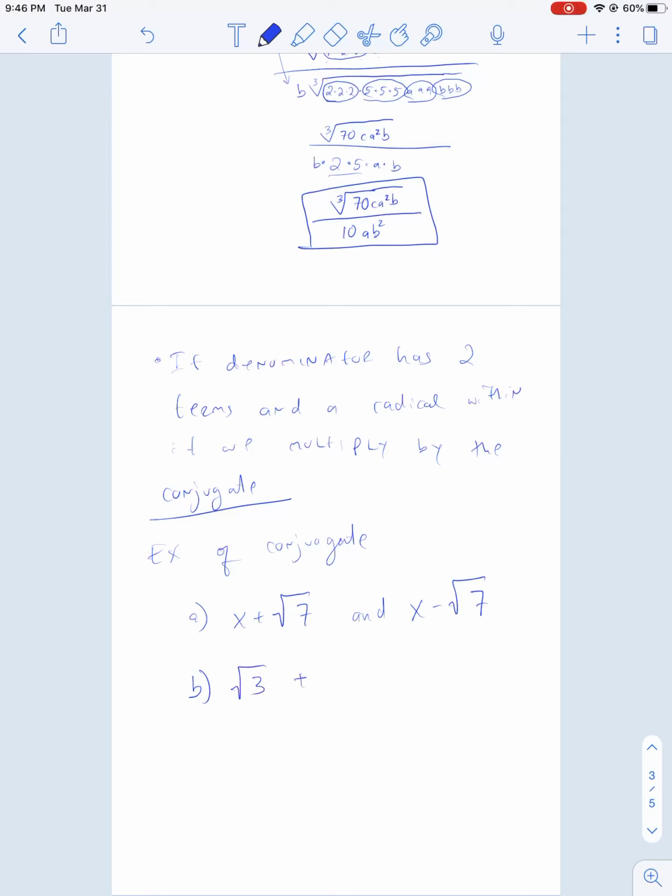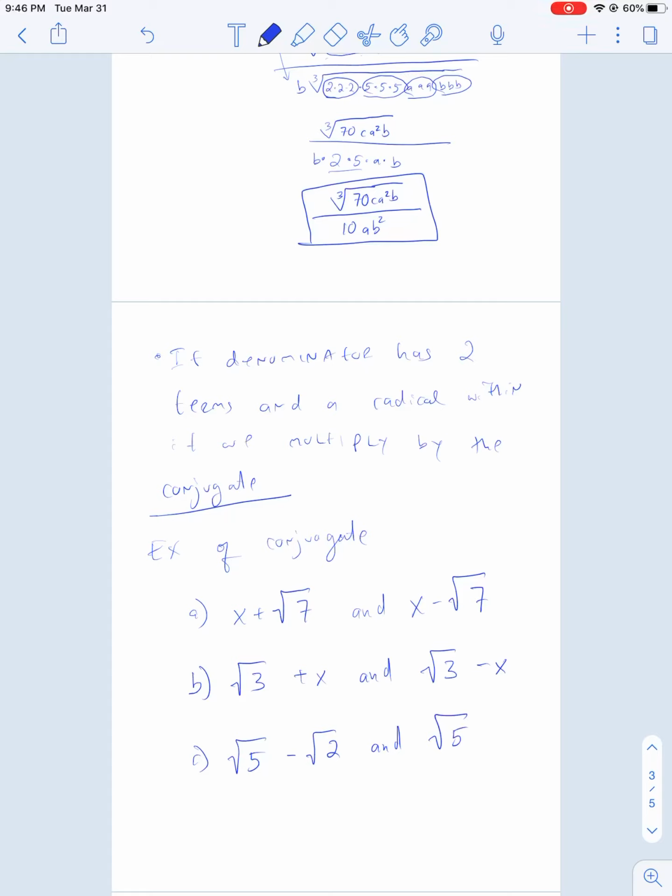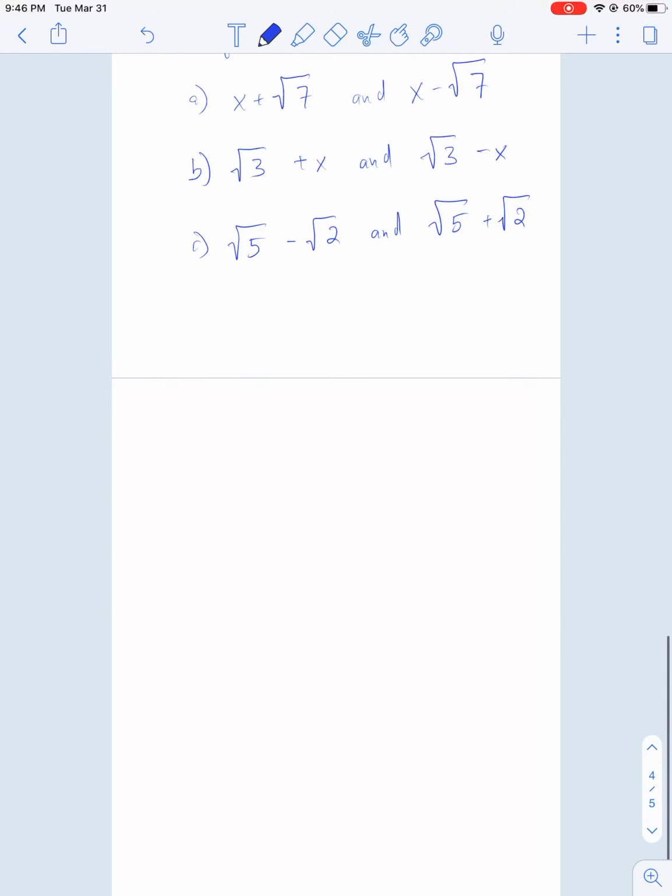Square root of 3 plus x and square root of 3 minus x. All right. How about one last example? How about the square root of 5 minus the square root of 2 and square root of 5 plus square root of 2. So these are all nice examples of conjugates.